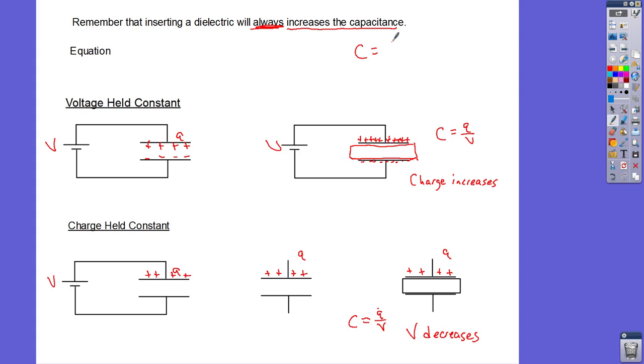Remember on the formula sheet we said it was epsilon naught A over D. Well, remember it's really kappa epsilon naught A over D. Okay, the dielectric constant kappa is K, that is the dielectric constant. So for air it's 1. For any other material, it's going to be something greater than 1. So it's going to increase capacitance.